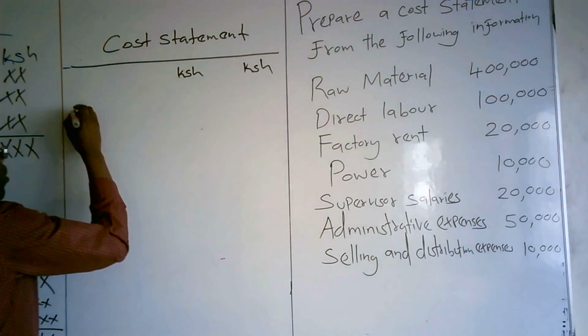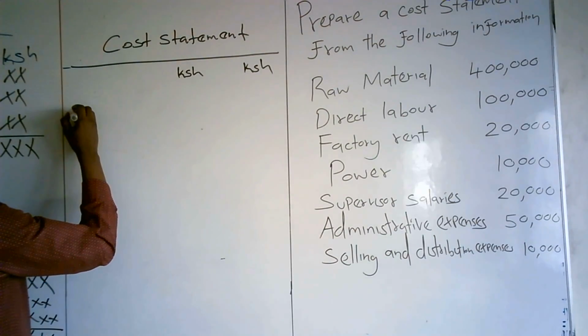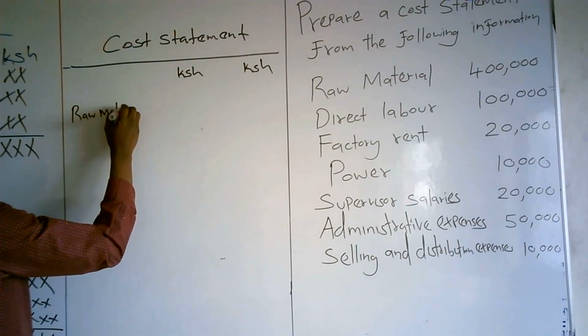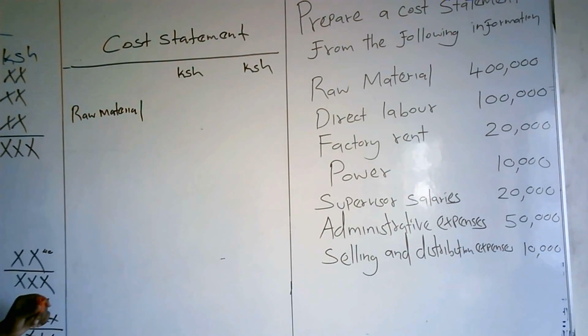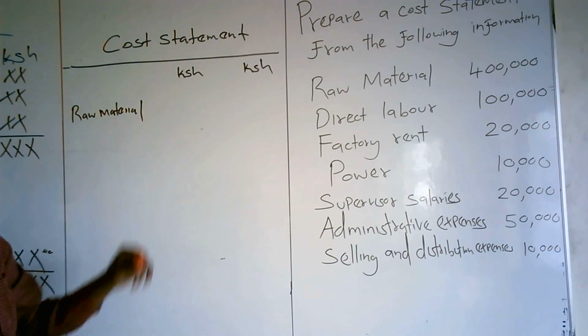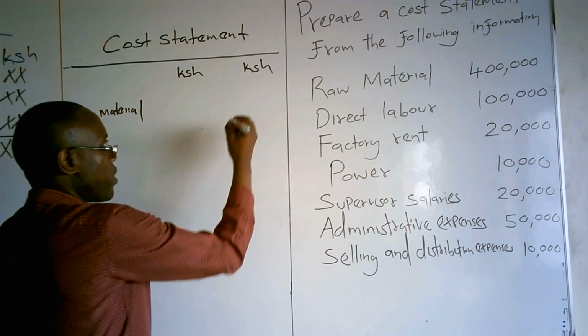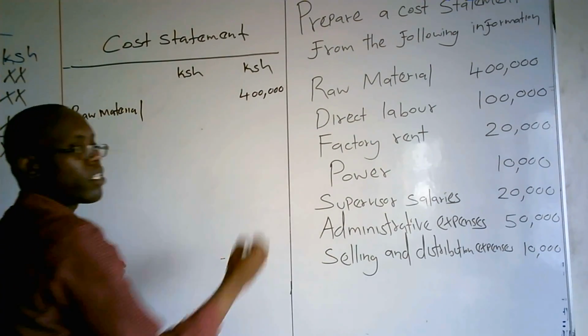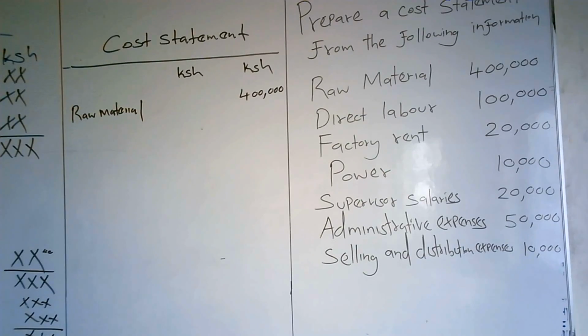So now we are going to start with the raw material, or direct raw material, direct material, as from the format you had, which is 400,000, so you can capture here as 400,000 in that manner.